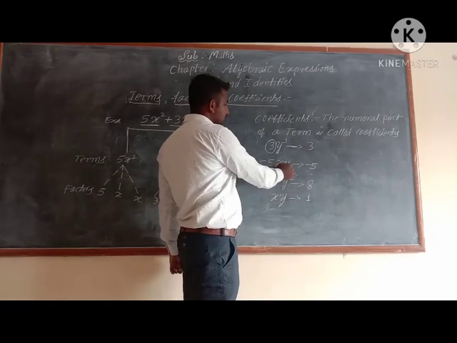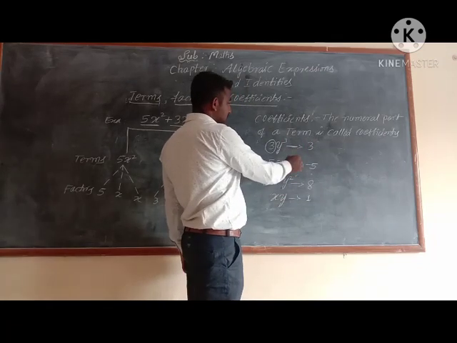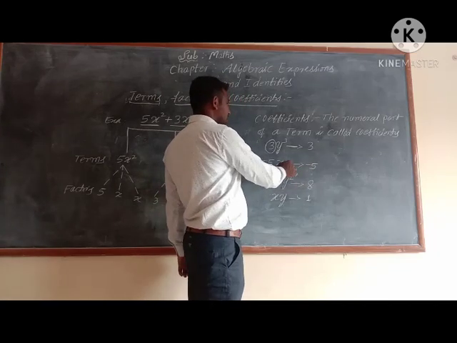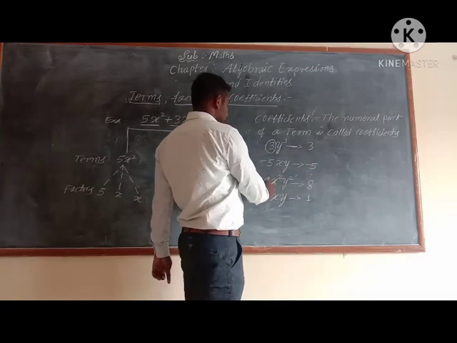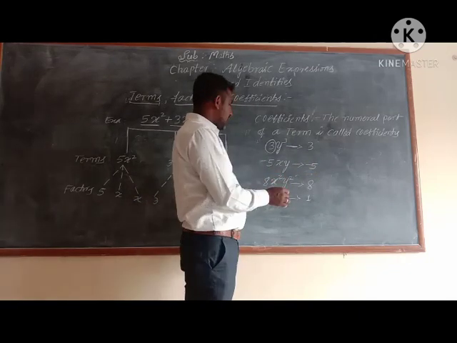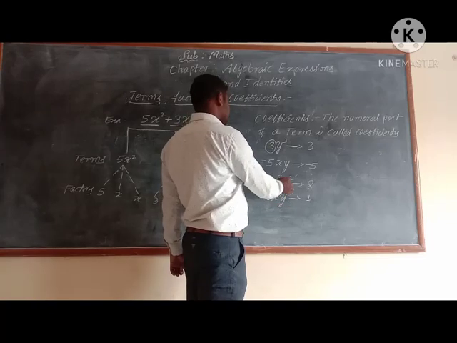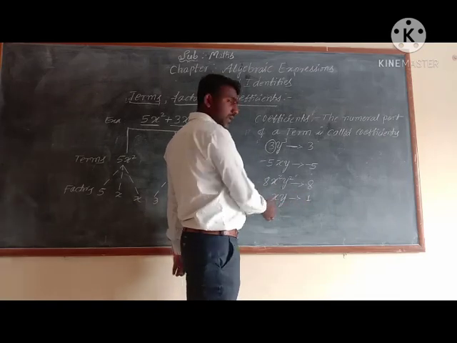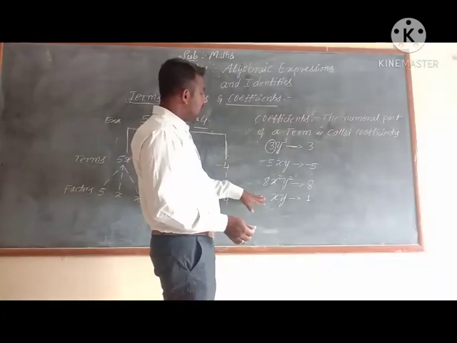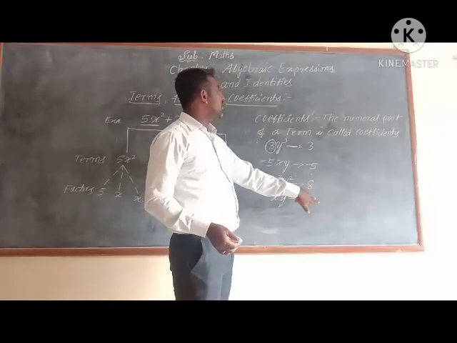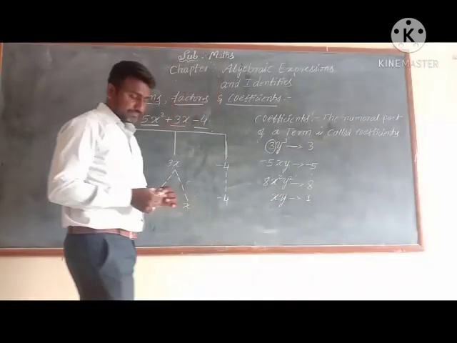Similarly, in minus 5xy, the coefficient is minus 5. In 8x square y square, the coefficient is 8. And for xy, the coefficient is 1. If no coefficient is written with the term, you can understand that it is 1.